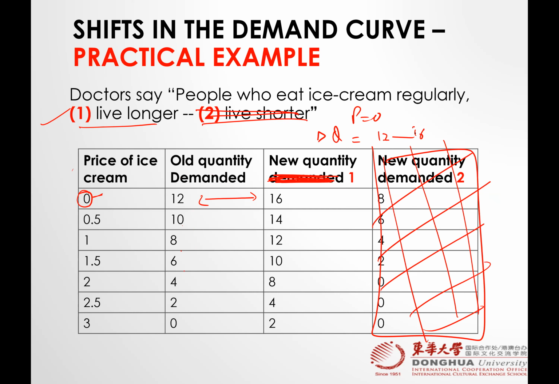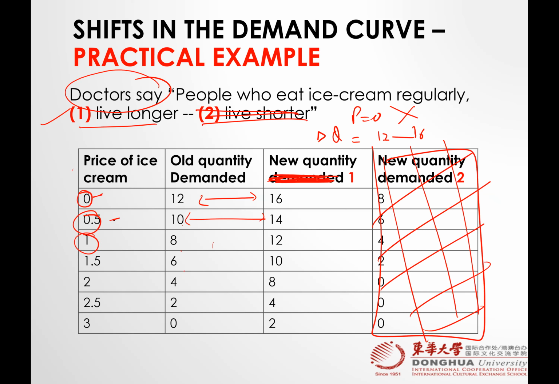So it means the reason is not price. The reason is some other thing. The doctor says that, and that argument causes quantity demanded to increase at each price. Look at that. At 0.5, quantity demanded changes from 10 to 14. Price is the same, right?